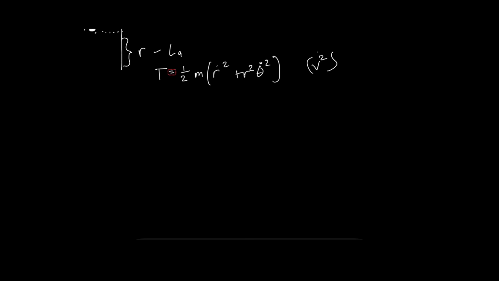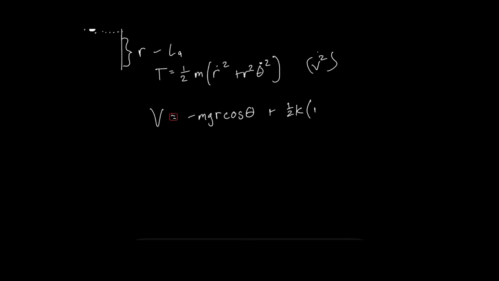Then our potential is really just the sum of the spring potential with the gravitational potential due to the weight. So we have minus mg r cosine theta, and then we're adding the potential of the spring, 1/2 k times r minus L_A, squared. This is where the potential matters, because that's where the mass is oscillating up and down.